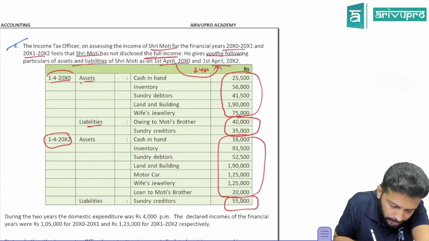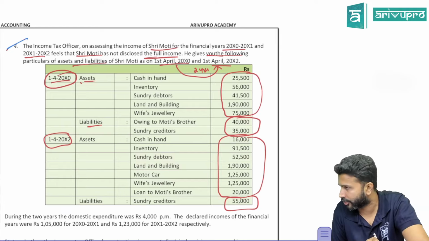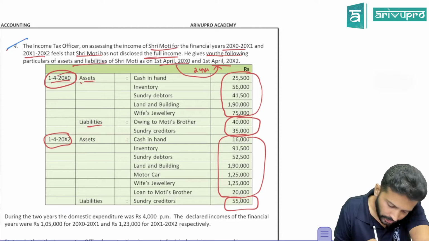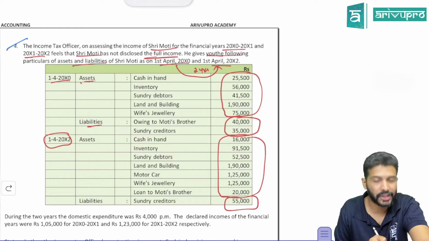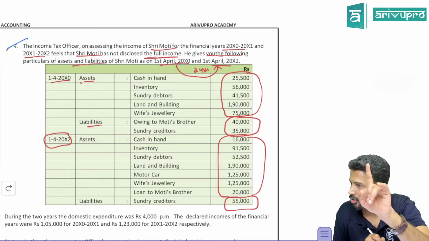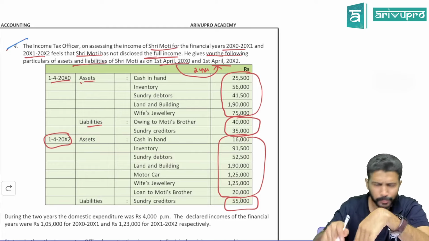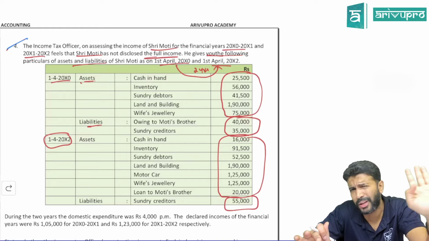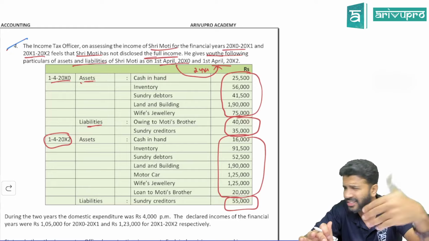If you prepare it on 1st April 20X0, you will get capital on 1st April 20X0. If you prepare it on 1st April 20X2, you will get capital on 1st April 20X2. So with these 2 statements of affairs, you will get the respective capitals. That can be easily found out. Not a big deal, I believe. Same as the last problem.